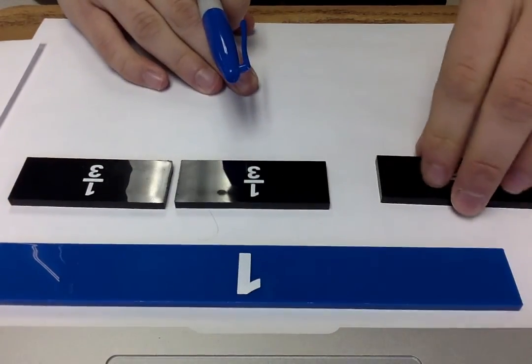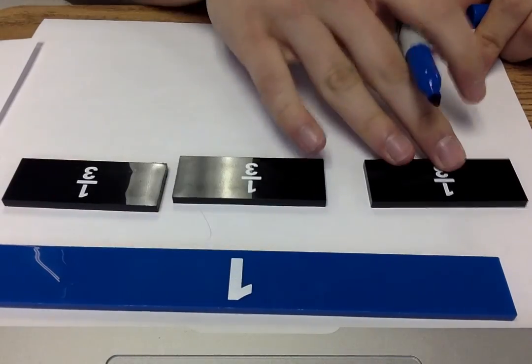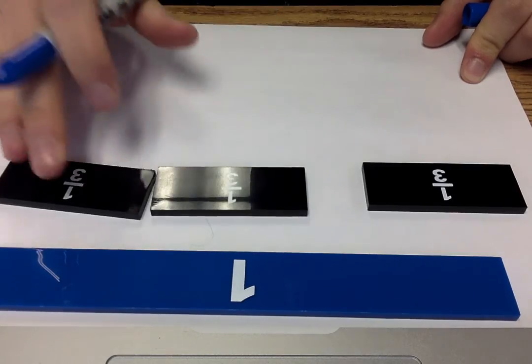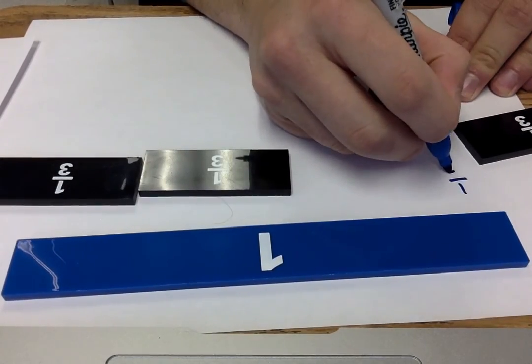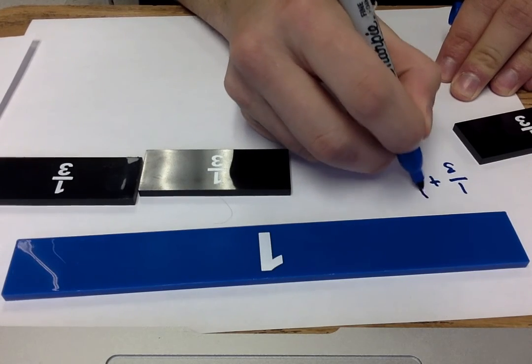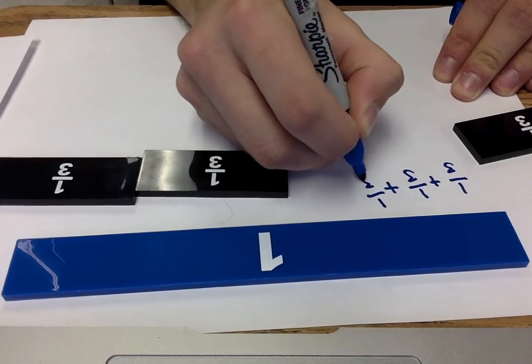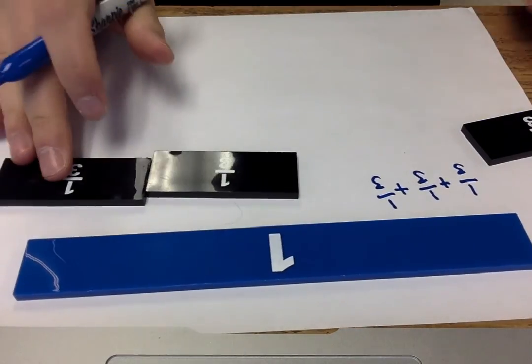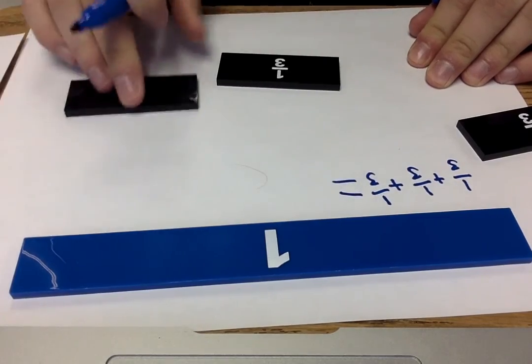So our addition sentence for 1 whole and 1/3, 1/3, and 1/3 can be this: 1/3 plus 1/3 plus 1/3, because we have 3 1/3s, is equal to 3 thirds.